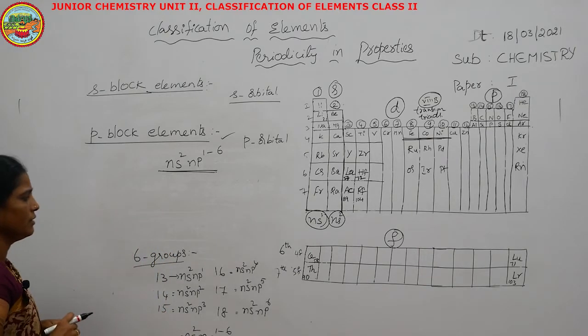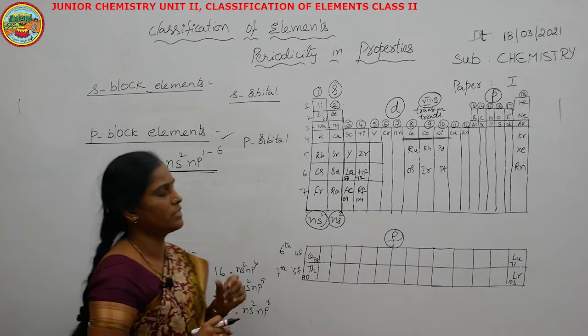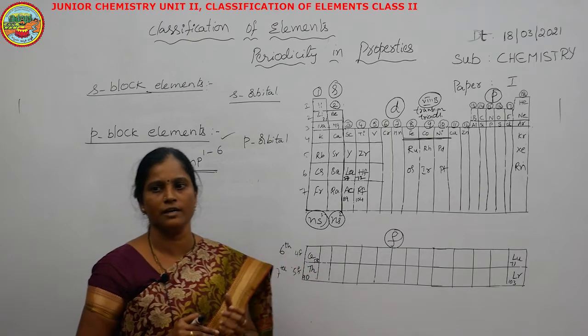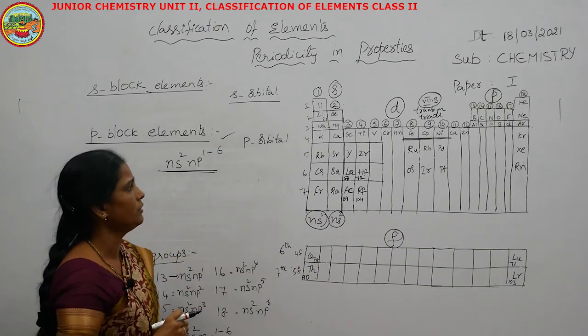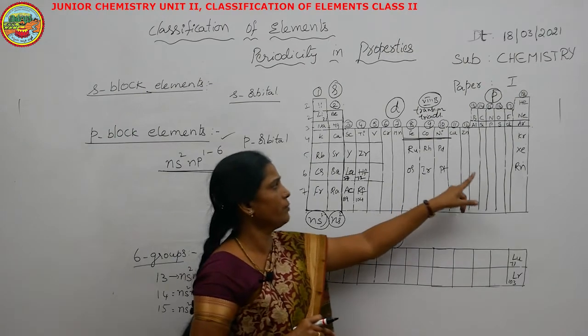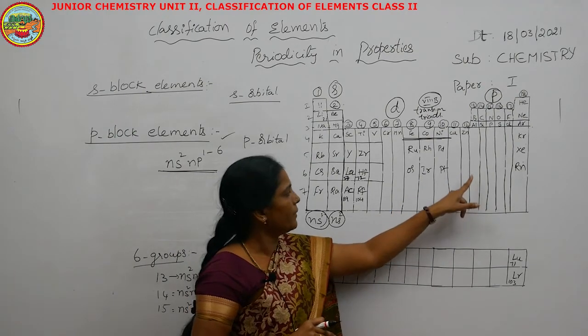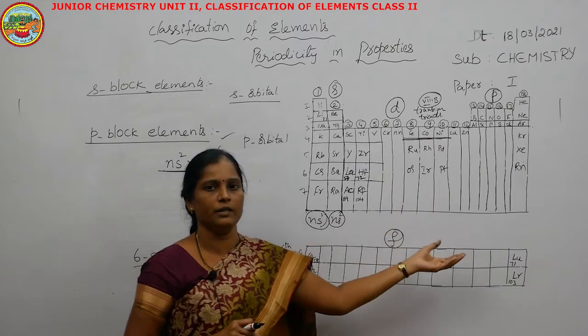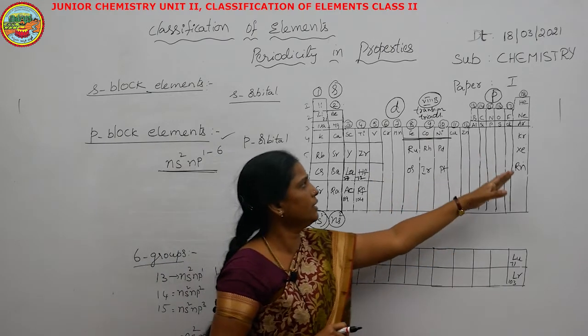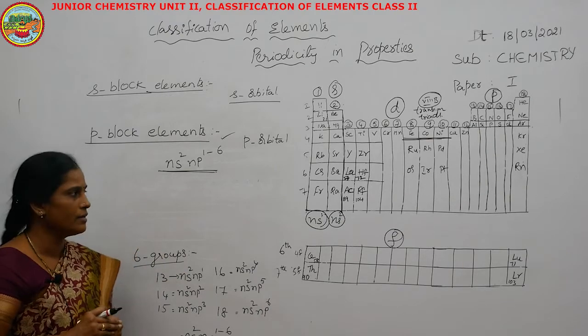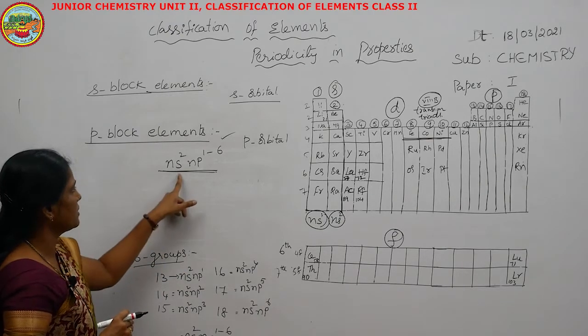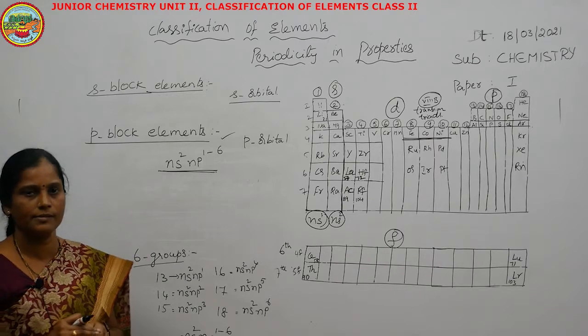Metalloid means the substance which possesses both metallic nature as well as non-metallic nature. Metal as well as non-metal, those are called metalloids. So in the p block there are metals, mostly non-metals, and then inert gas elements and halogens. So the p block configuration is ns2 np 1 to 6.